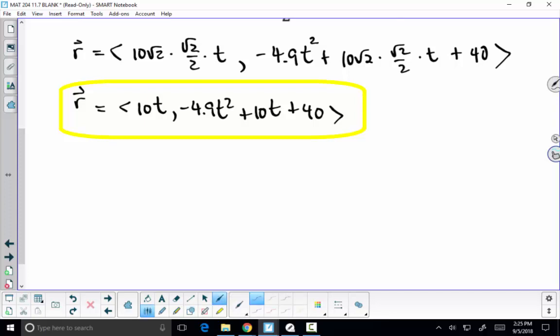So let's set that equal to 0: minus 4.9 t squared plus 10t plus 40 equals 0. That does not look factorable, so what would we do? Quadratic formula or something to get your t values.